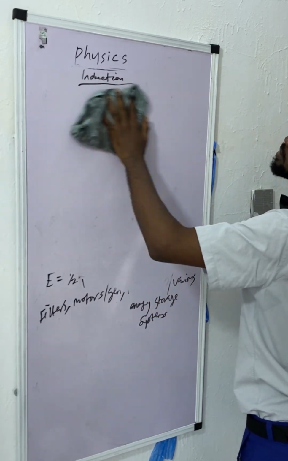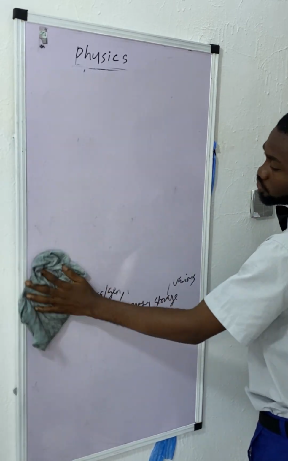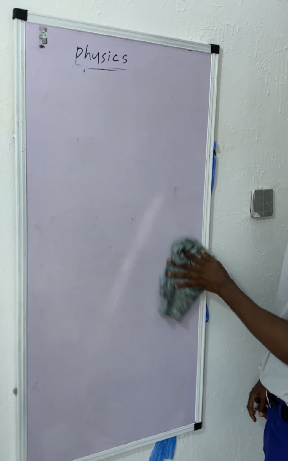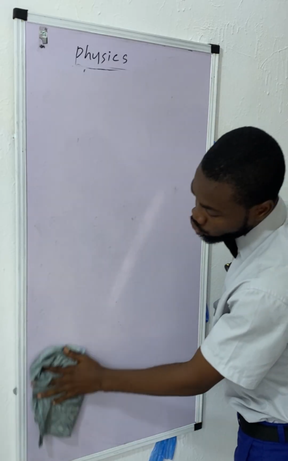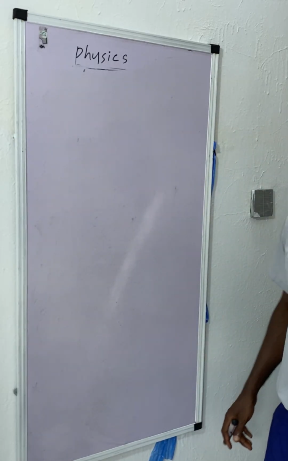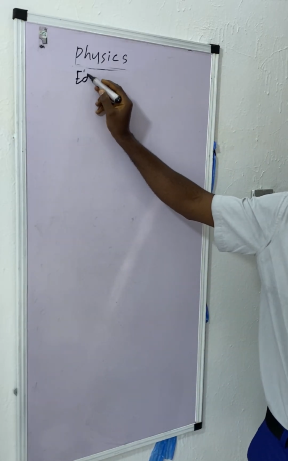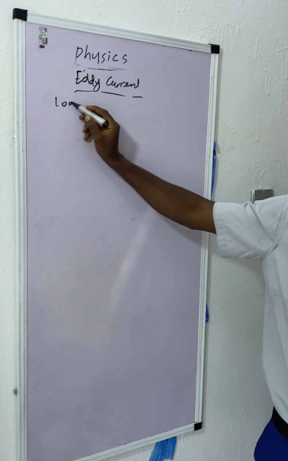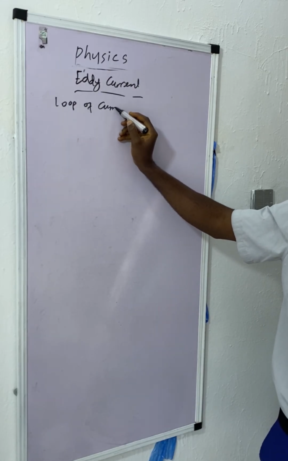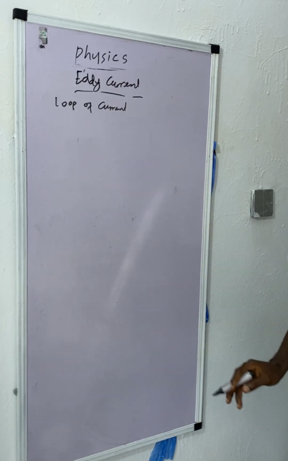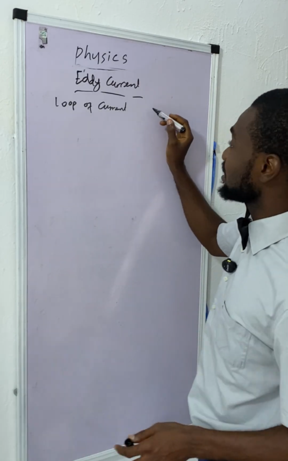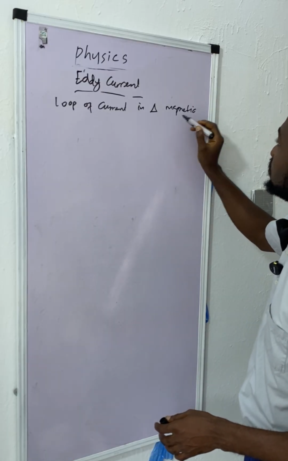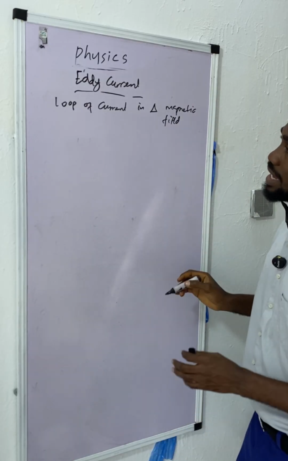So during electromagnetic induction, eddy current is the loop of current that opposes the EMF. All right, that's eddy current.